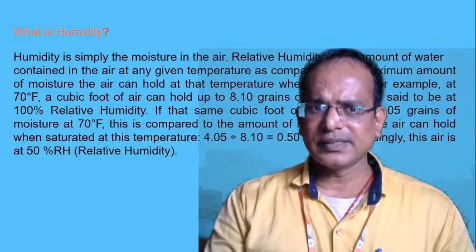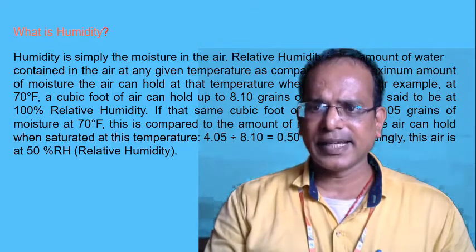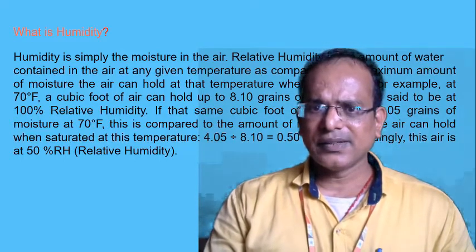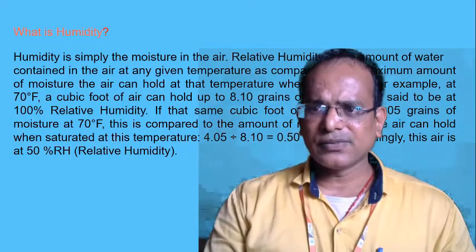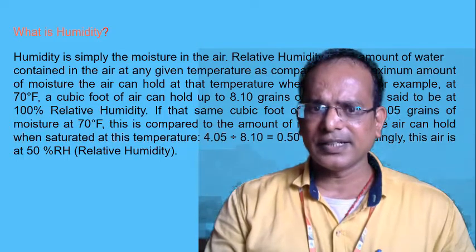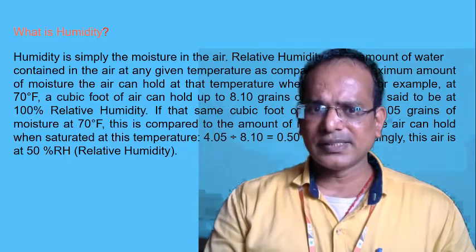For example, at 70 degrees Fahrenheit, a cubic foot of air can hold up to 8.10 grains of moisture. It is said to be 100% relative humidity. If the same cubic foot of air contains 4.05 grains of moisture at 70 degrees Fahrenheit, this is compared to the amount of moisture that the air can hold when saturated at that temperature.